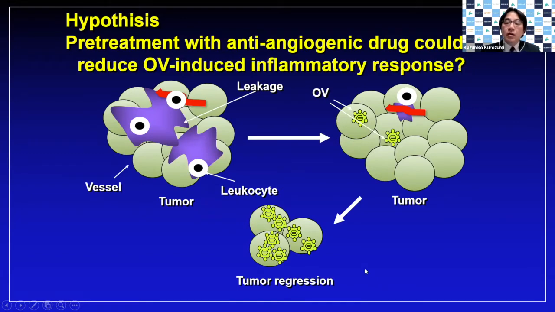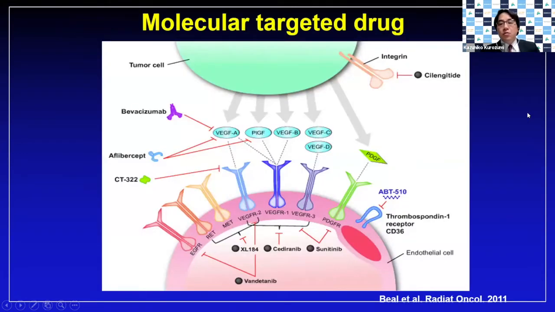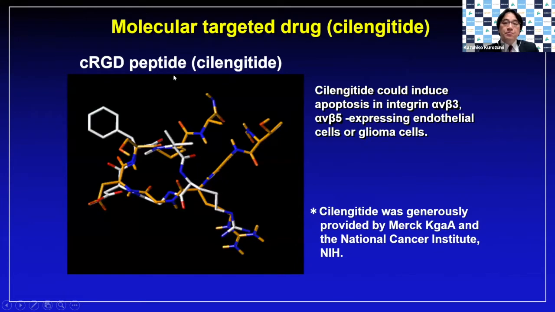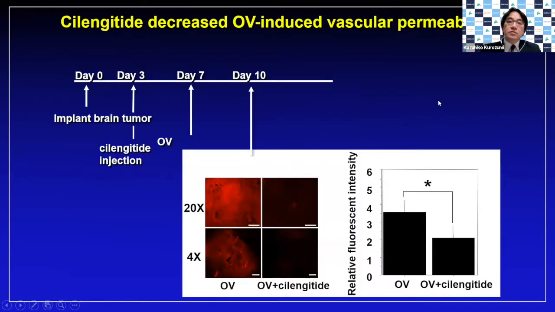Then I expected tumor regression. Cilengitide can induce apoptosis through integrin alpha V beta 3 or 5 expressed in endothelial cells or glioma cells. This is the result.